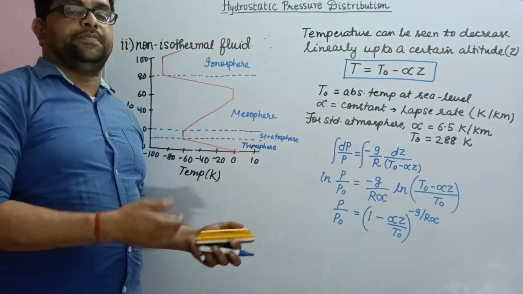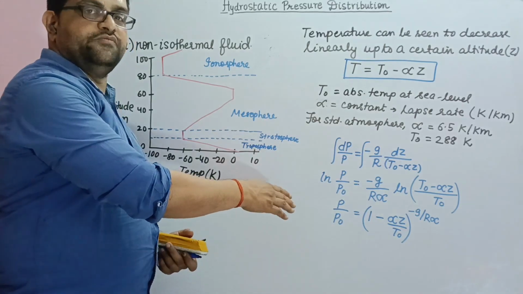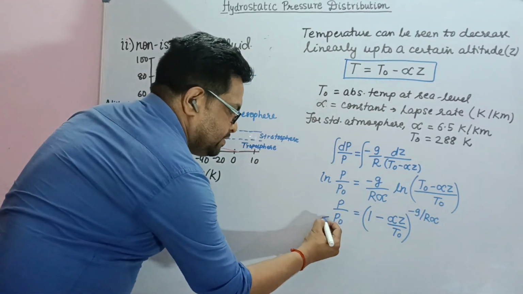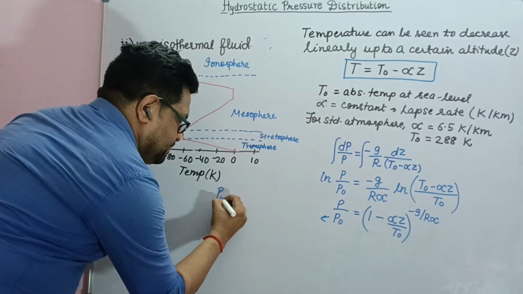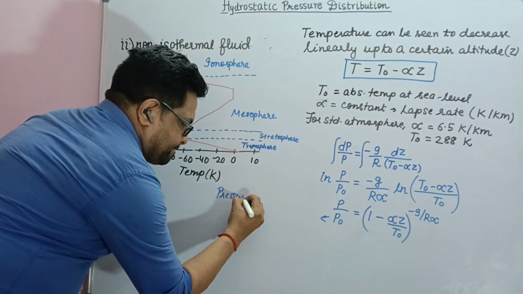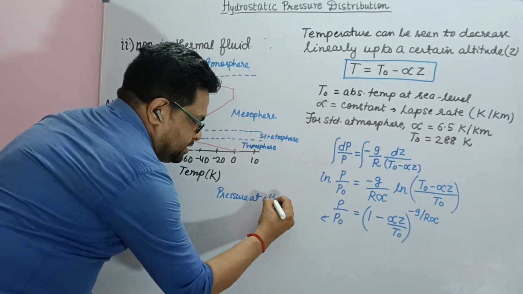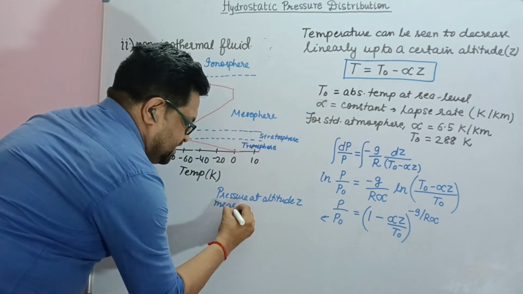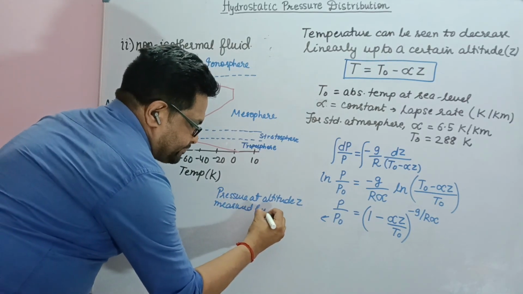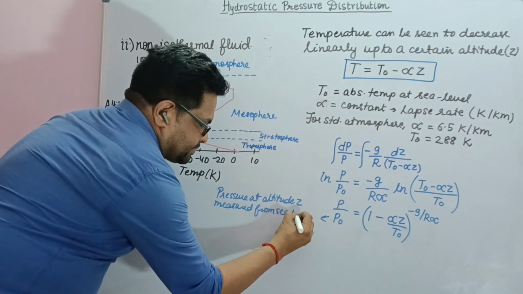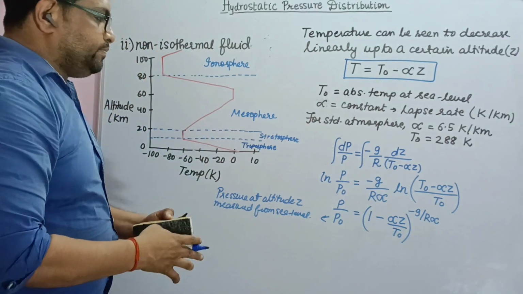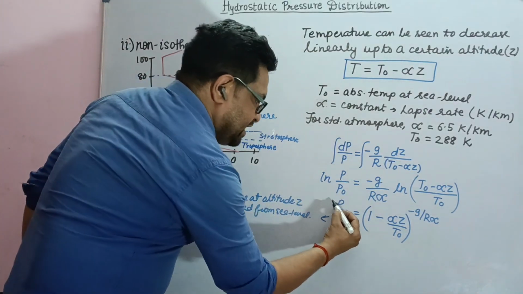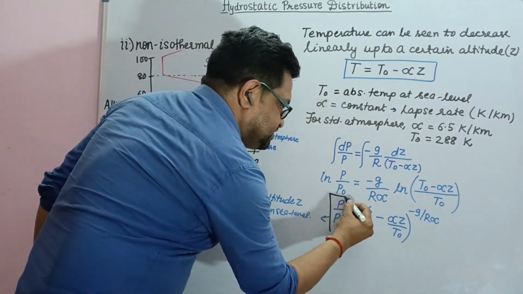P naught represents the pressure at altitude Z measured from sea level. So in case of non-isothermal fluids, the variation of pressure can be written in the form of this equation.